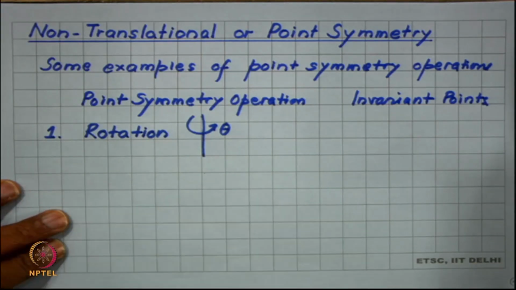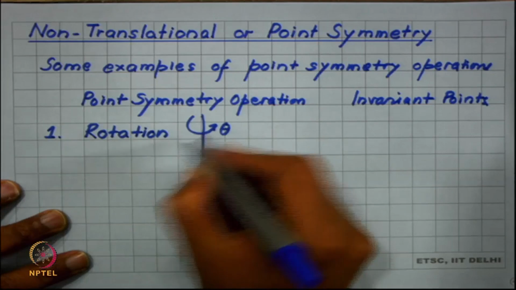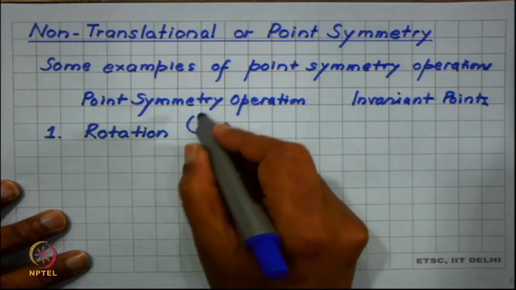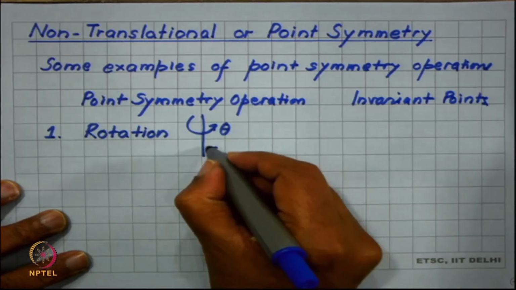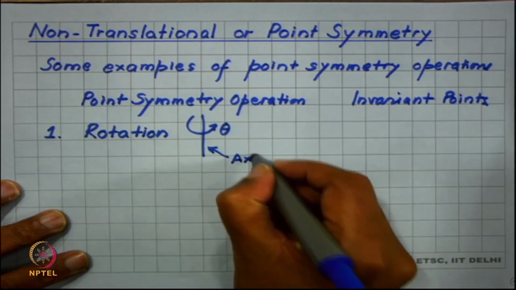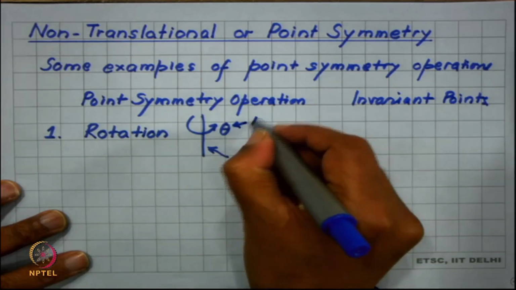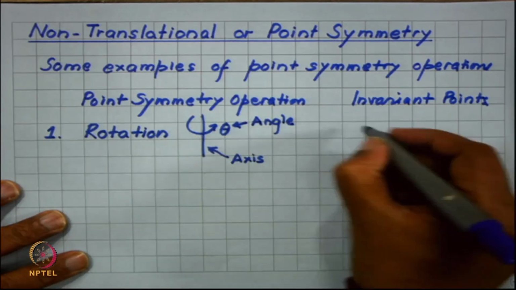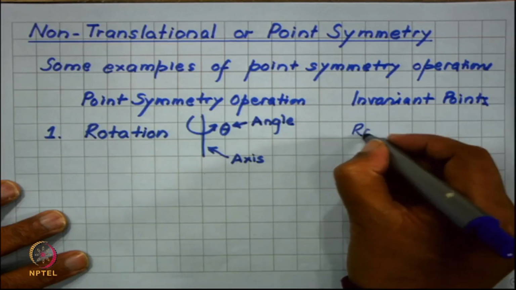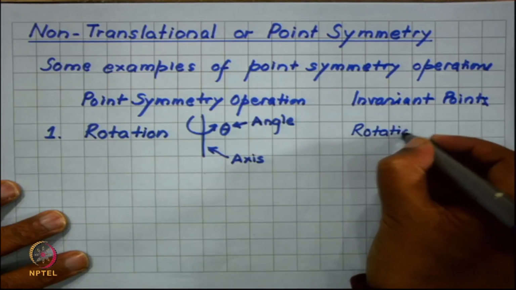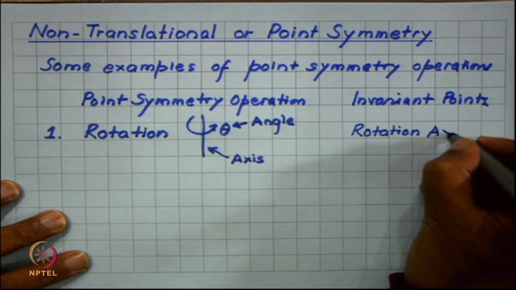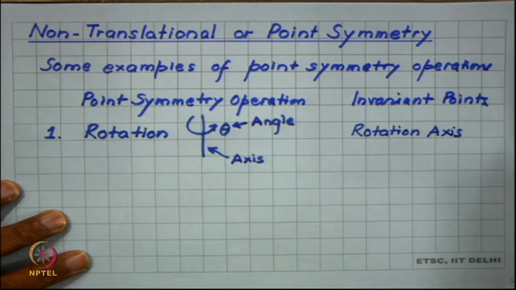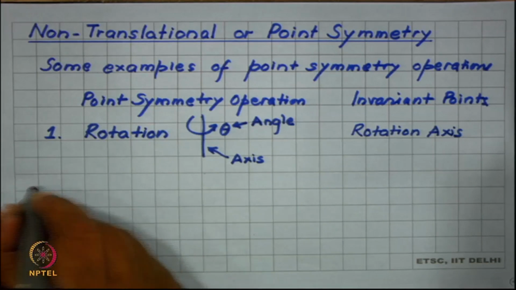If this brings the object into self coincidence, we will say that the object has rotational symmetry. Obviously, rotation moves all points except the points on the axis. So, the rotation axis is left invariant by the rotation. These points do not move upon the action of rotation.